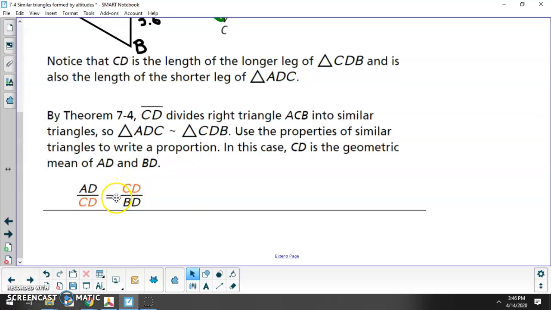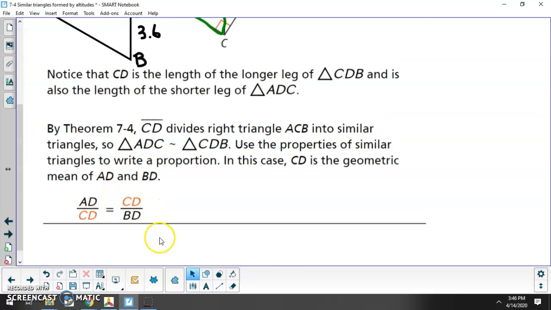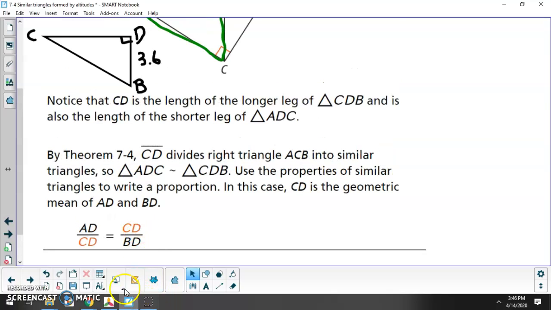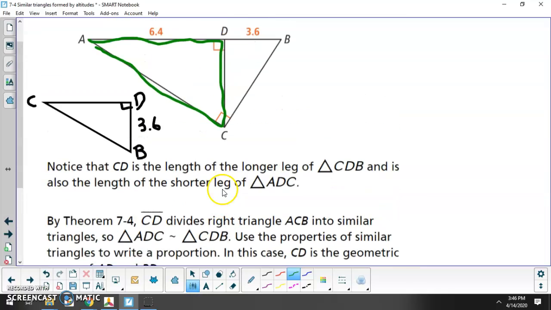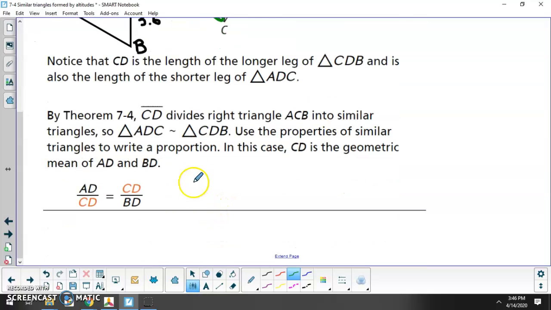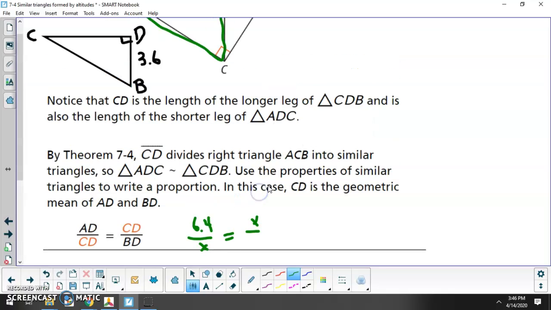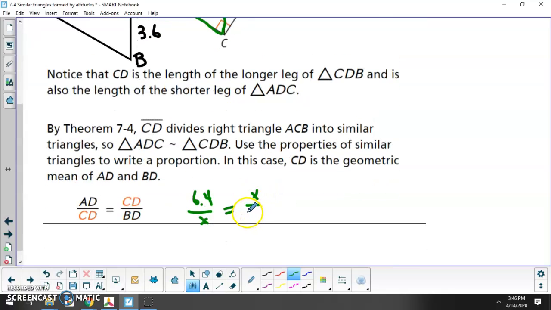So if you actually go and put the numbers in place of this now, so let's go ahead and put the numbers in place of this. That would be equal to, okay, AD was 6.4, so we'd have 6.4, and for simplicity, I'm just going to call CD X, okay? X on the bottom, and then you have X on the top, and the other one was 3.6, okay?